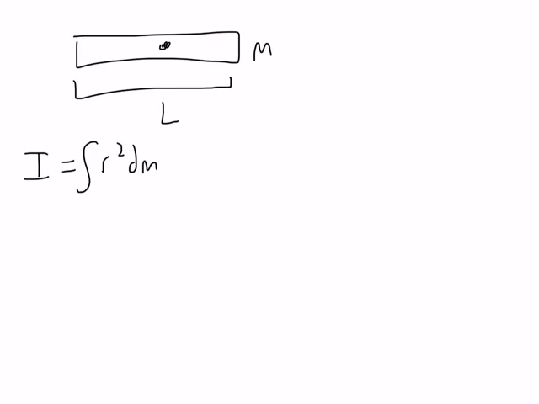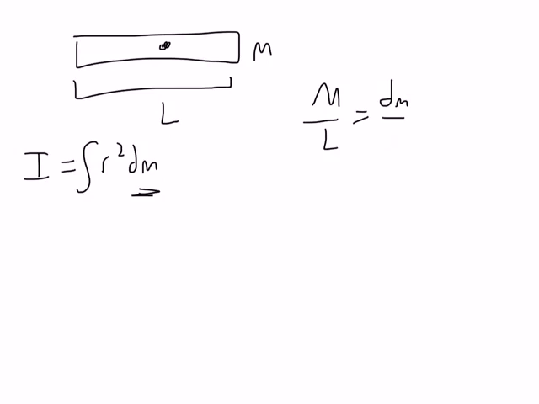To solve this, we need to figure out what dm is, right? We can't do this integral over bits of mass. We can do it over bits of distance, though. We are told the rod is uniform. So that tells us the ratio between the total mass and the total length equals the ratio of the tiny little bit of mass dm and the tiny little bit of length it occupies.